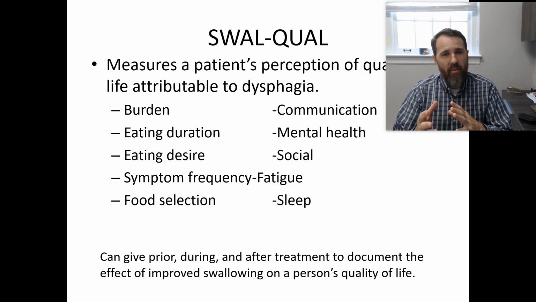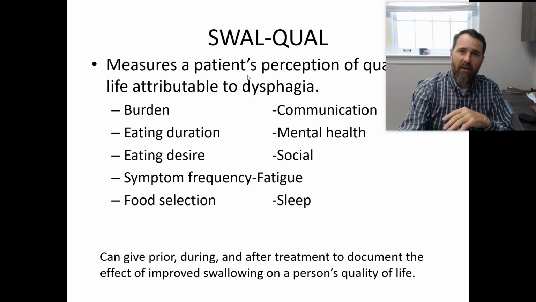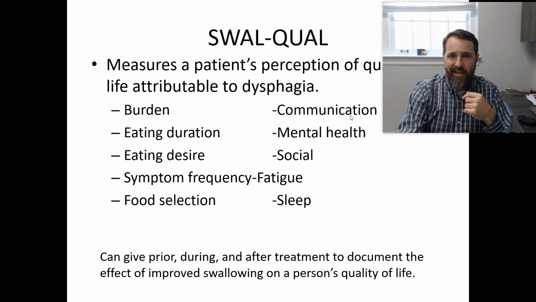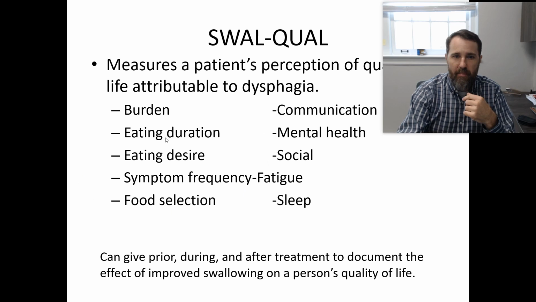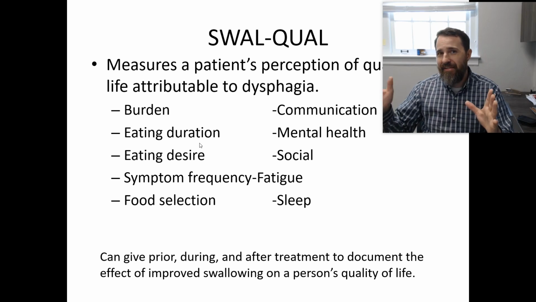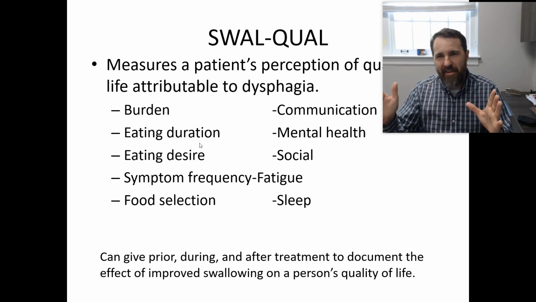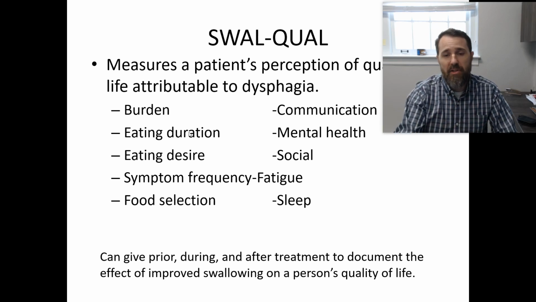There are different ways that we assess it, but there is a survey called the SwalQual that we often use, and it documents these aspects of the patient taking food. This is good to give as a baseline measure before therapy, and it's good to give at the end of therapy, so that you can show an improvement in the patient's quality of life.